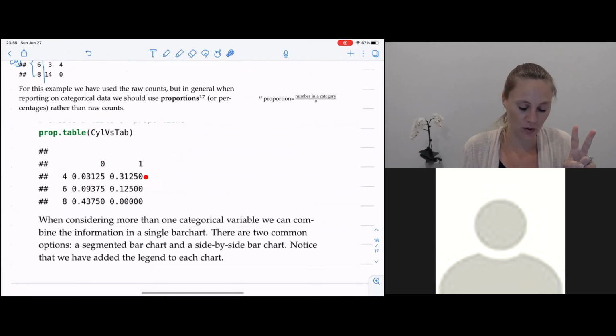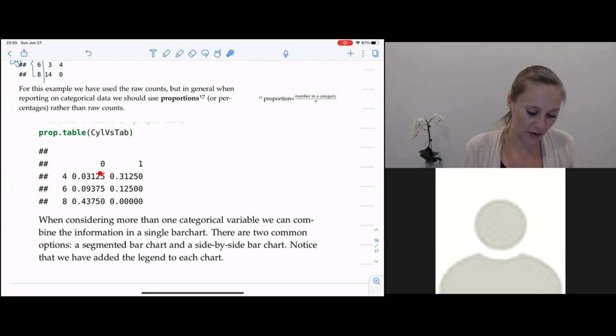And then 0.3125, which would be 31.25%. So see the relationship between a proportion. So these are all proportions. And then if I multiply it by 100, I get percentages, which we're much more familiar with, right? And reporting we usually do in percentages.